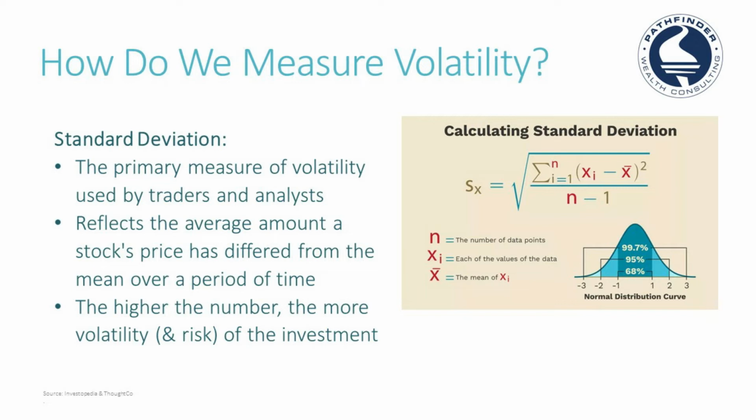So the S&P 500, which I mentioned earlier, the Standard & Poor's 500, largest companies in the U.S., has a standard deviation of just over 15. That means the value of the index can fluctuate by 15% on the upside or the downside over a given time period.